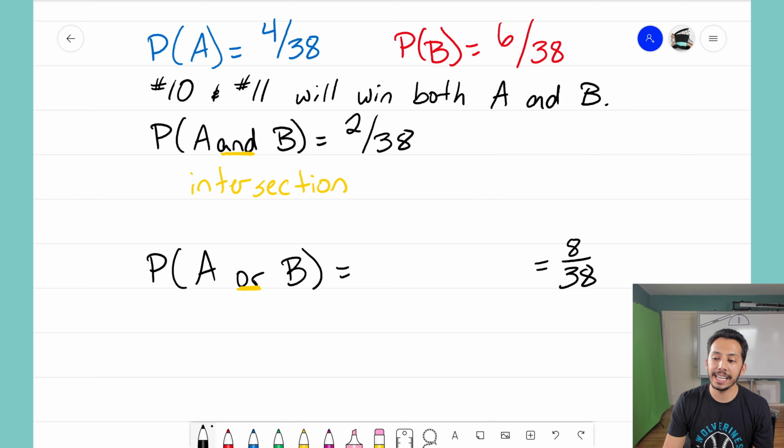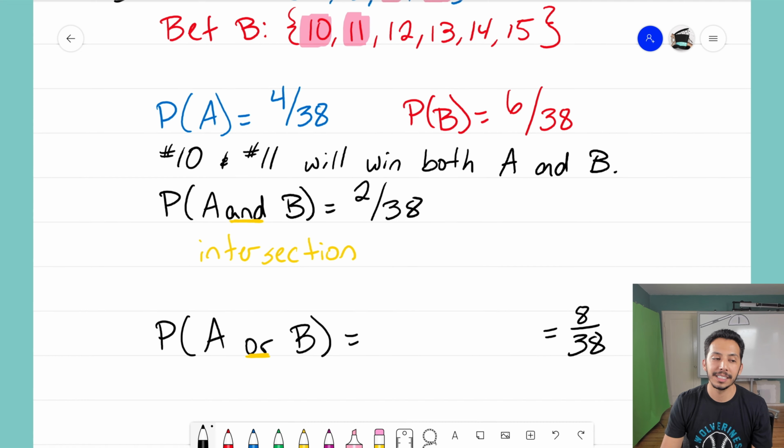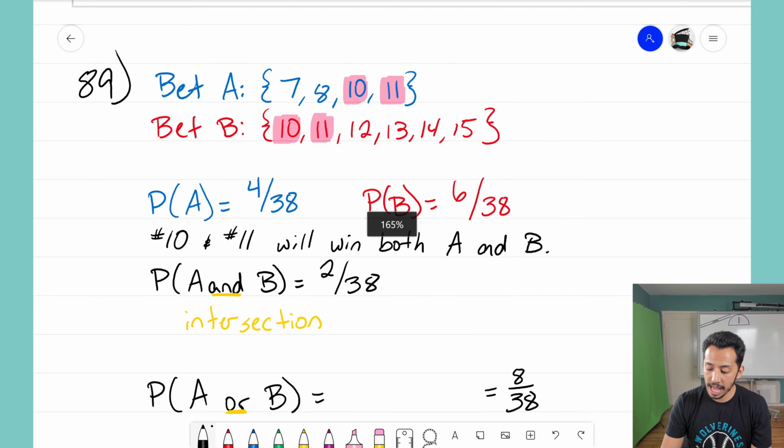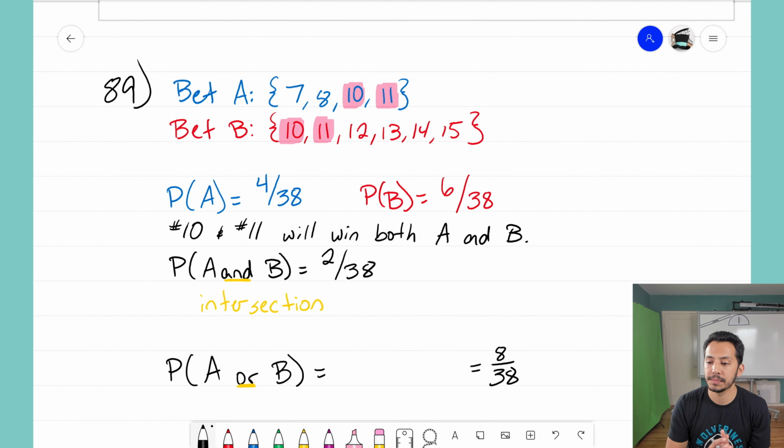How did you guys get 8 out of 38? Maybe just explain your thinking because it's absolutely correct. It is 8 out of 38. No, magic is not a sufficient answer. Yeah, I do believe in math magic, but there's always an explanation behind math magic. Okay, good try though. How did you guys get 8 out of 38?